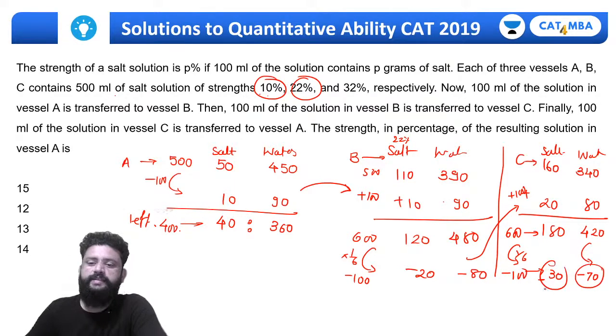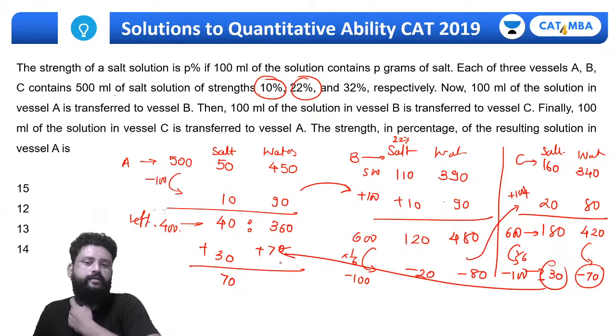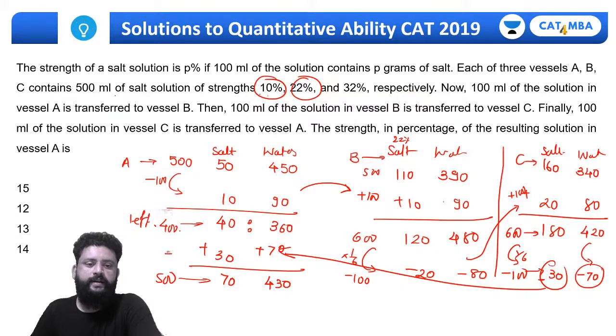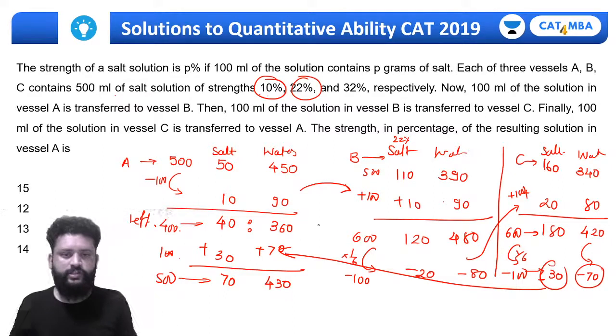So इसमें this will get added to this one, the first one. So +30 and +70, so that comes out to be 70 and 430 of 500. 100 ml is added. Last step. That's it. Done with this question.